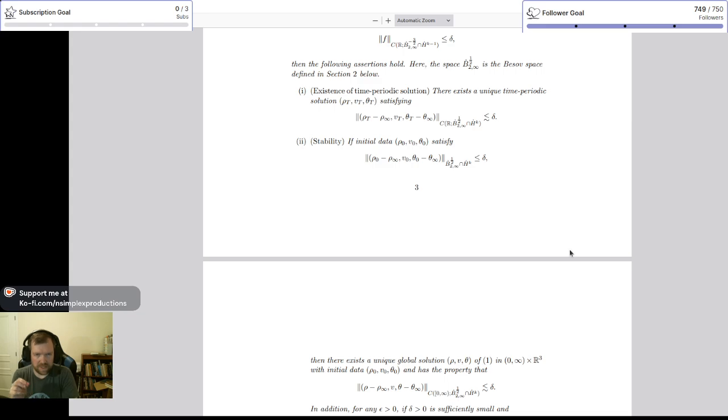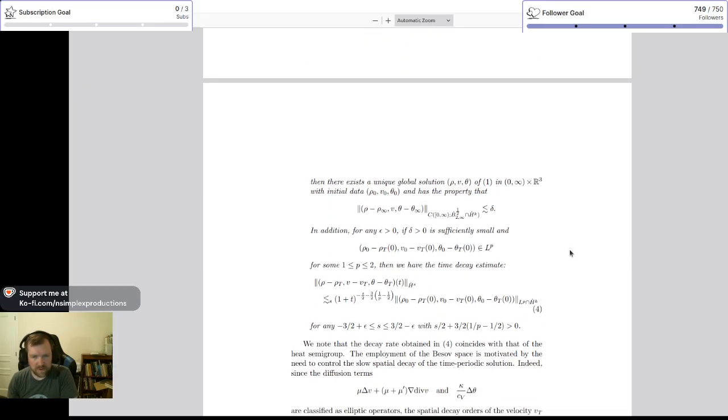Stability: if initial data rho_0, v_0, theta_0 satisfy this, then there exists a unique global solution. I've probably seen distributions show up in the Fourier transform when you want to compute the Fourier transform of 1 or sine x. This will be given in terms of the so-called delta function.